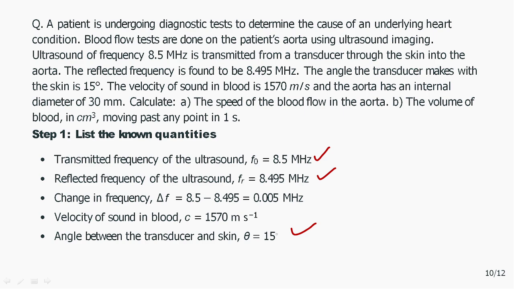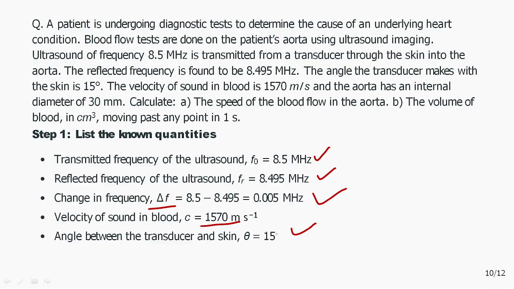Now we have to find delta F, that is the Doppler shift in frequency. Delta F equals 0.005 megahertz, and we know that the average velocity of sound in blood, as we have previously seen, is 1570 meters per second.